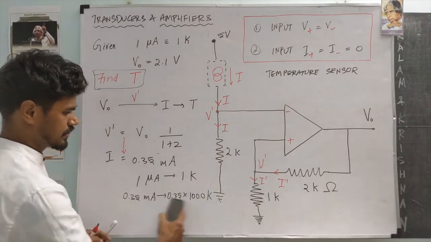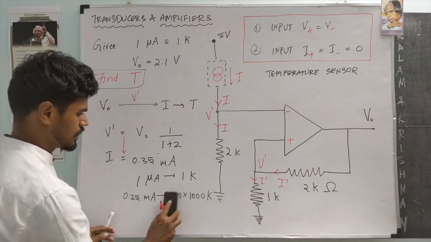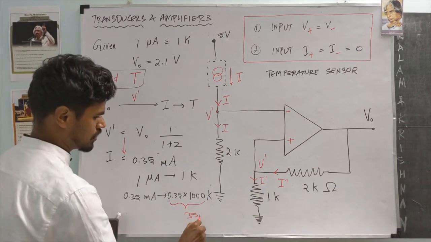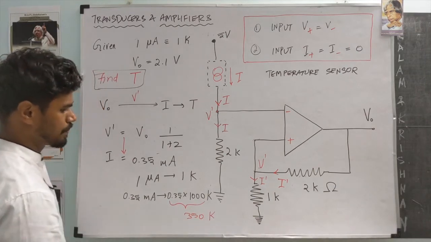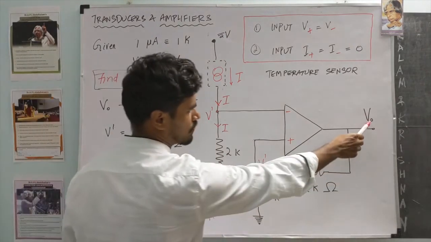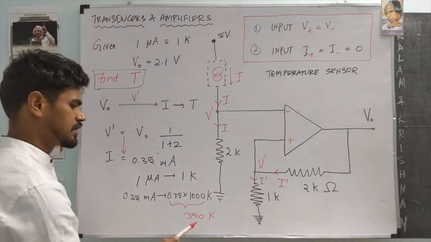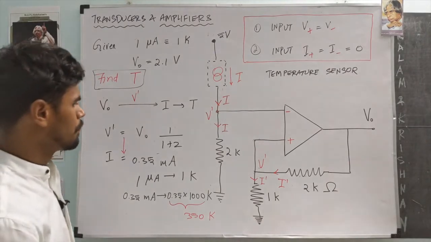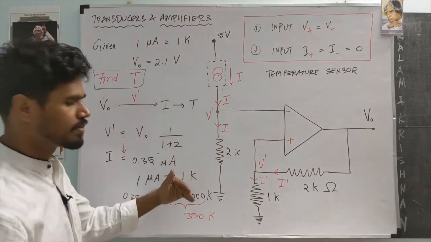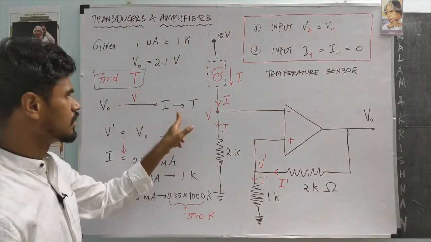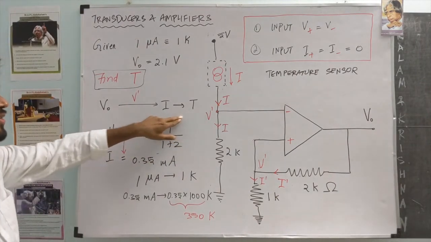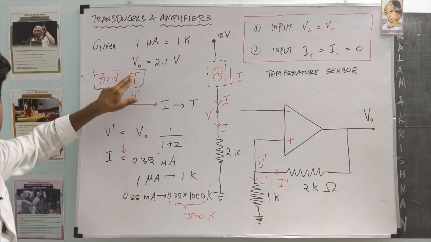And this is just 350 Kelvins. So the temperature that resulted in the potential of 2.1 here is 350. Again, it's a very simple problem, but it might appear tricky because the way to connect this V naught to this T is through the intermediate variable V dash.